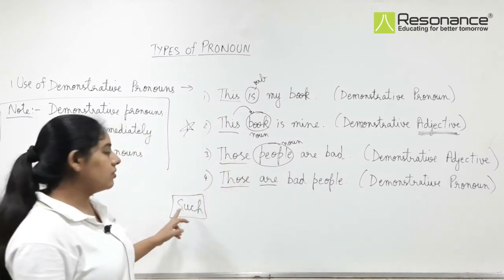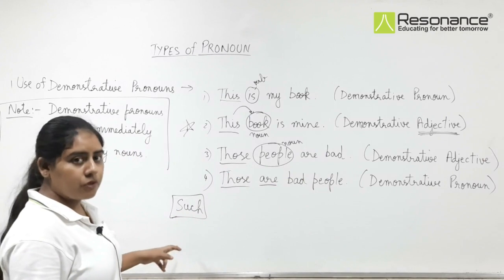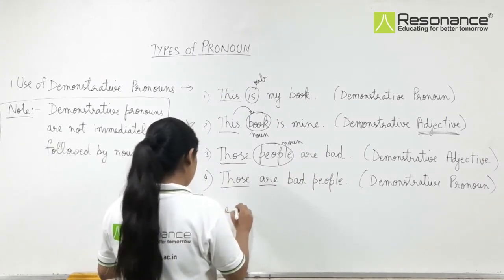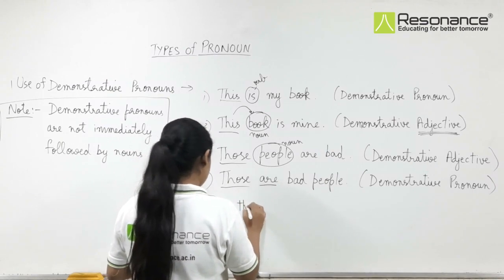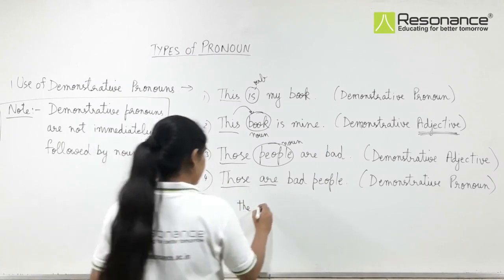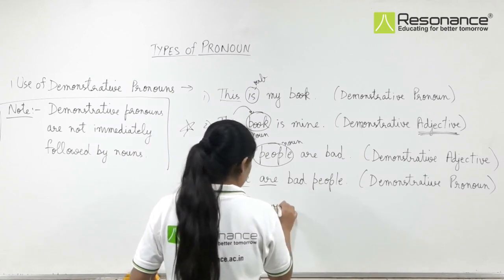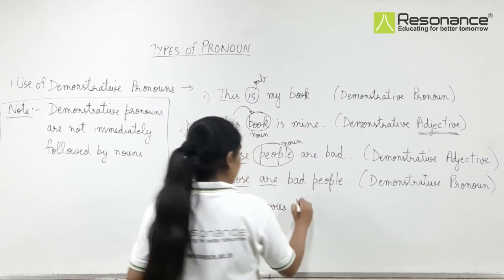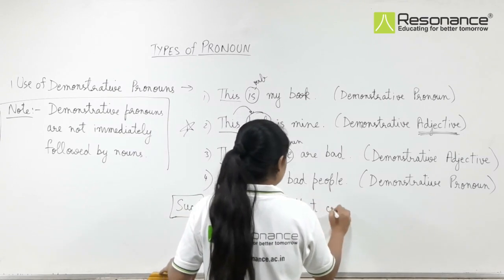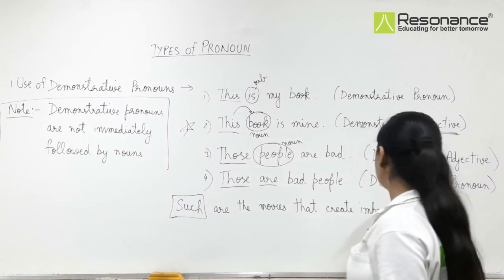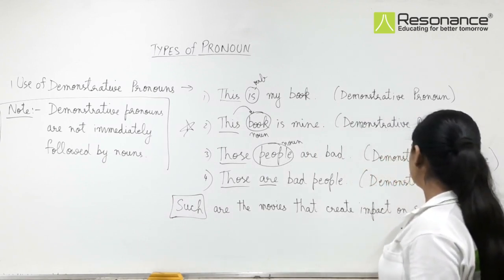But if we want to use such in form of a demonstrative pronoun, we will say such are the cases, or you can say such are the movies that create impact on society.